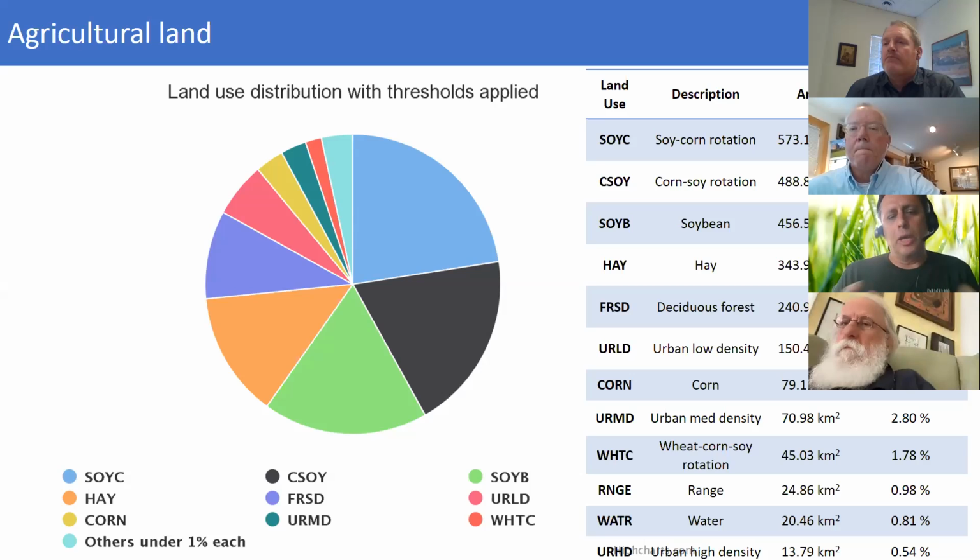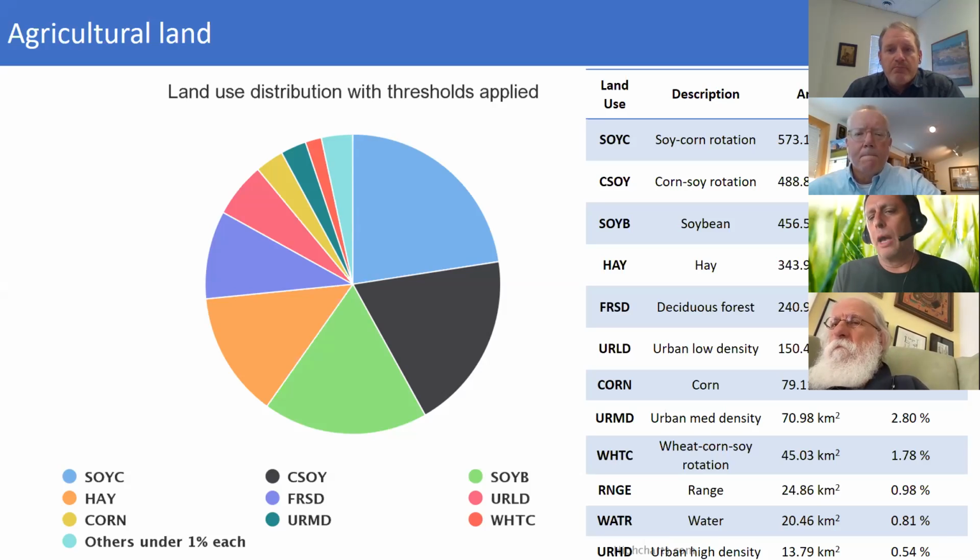So it allows us to take into account the fact that in any one year, roughly half of it is in one or the other crop of that rotation. Those two account for a little over 40% of the watershed. Soybeans, 18%, hay, roughly 14%, and so on. So here are the major uses that were considered for this watershed and for designing how we would treat the various operations in the watershed.